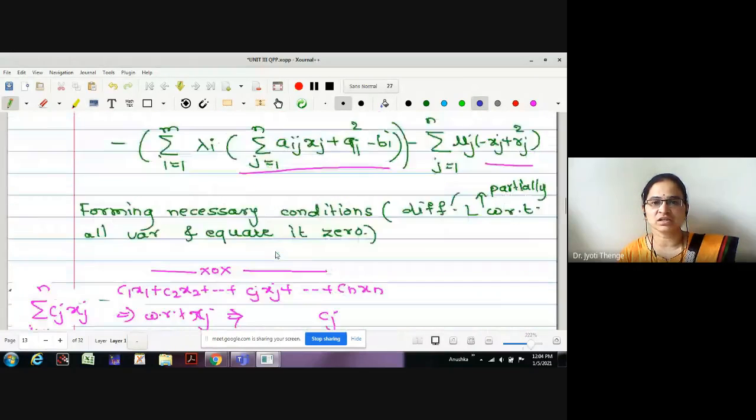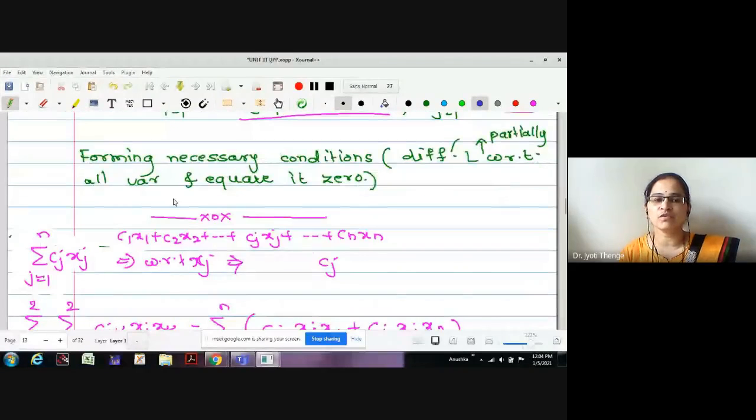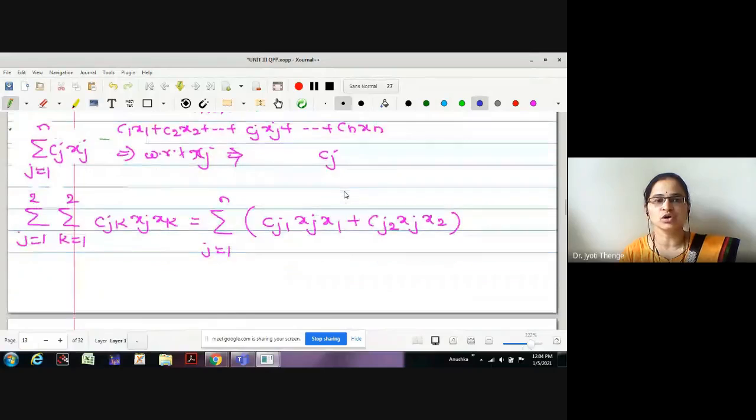After constructing this Lagrangian function, given by equation number 1, we go for forming the necessary conditions by the Lagrangian method. How? We differentiate the Lagrangian function partially with respect to all the variables and equate it to 0.